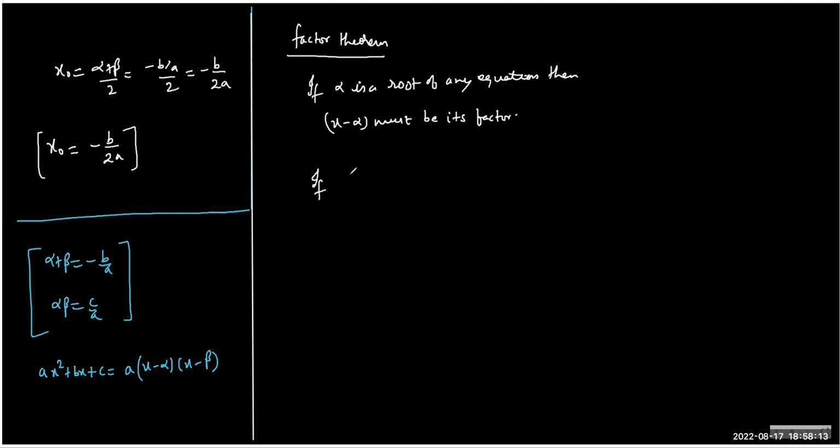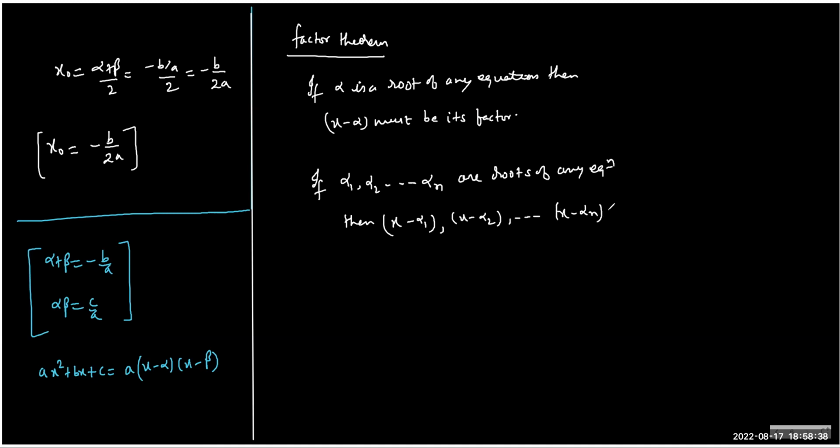So if alpha 1, alpha 2, dot dot dot alpha n are roots of any equation, let's say it is a polynomial equation, I don't know what the degree is, then x minus alpha 1, x minus alpha 2, and so on, must be its factors.